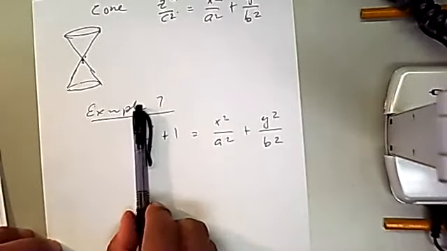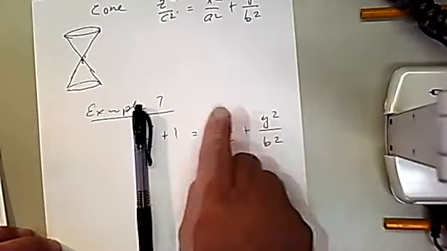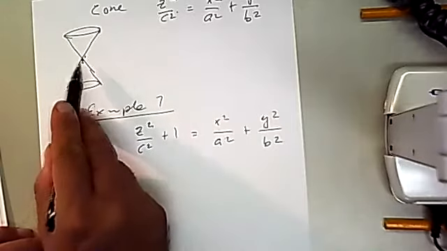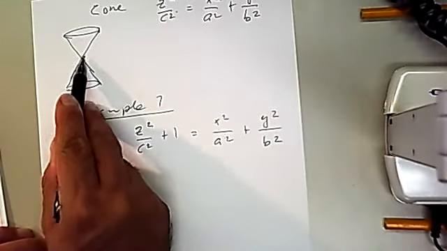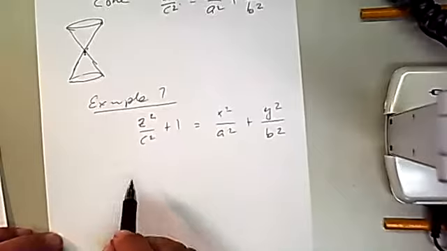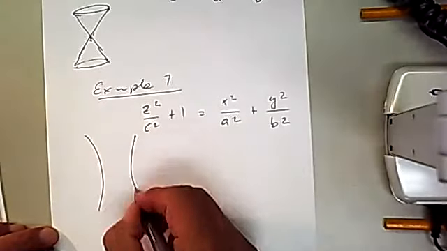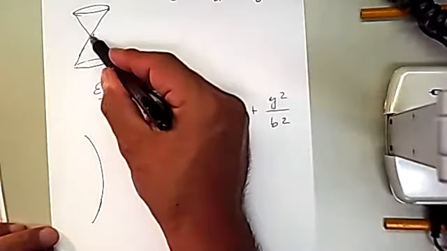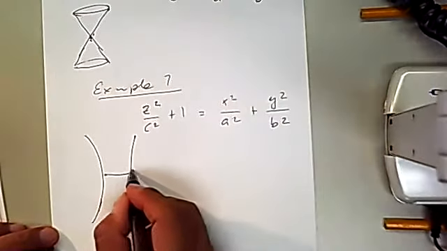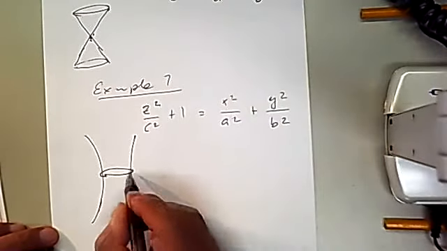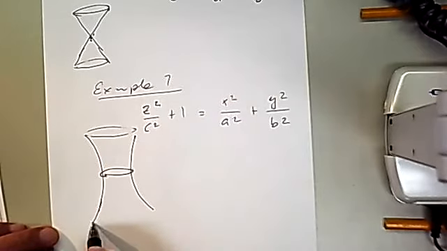So that increases the waist of this cone. So instead of having a point here, we have an ellipse. And we have more ellipses going up and going down.